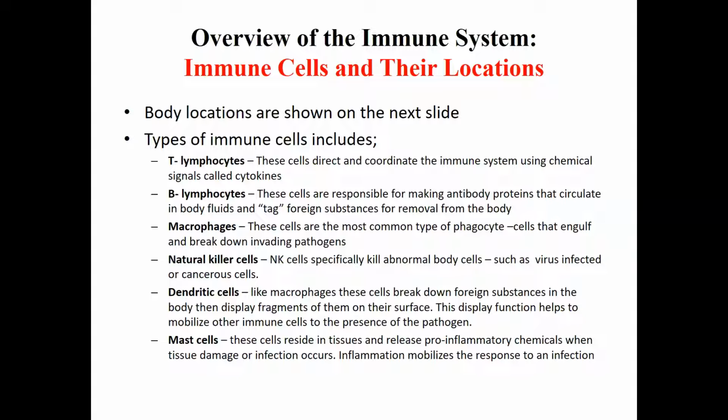Finally, there are the mast cells. These cells are in tissues, and they're filled with chemicals called pro-inflammatory chemicals. If you get an infection or tissue damage, they release these chemicals, and that causes a storm of what's called the inflammatory response, which is part of your immune response.